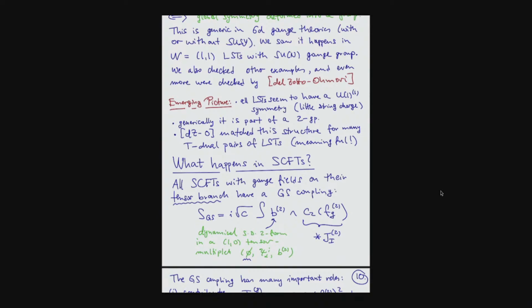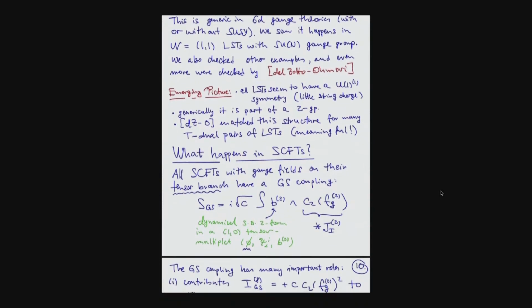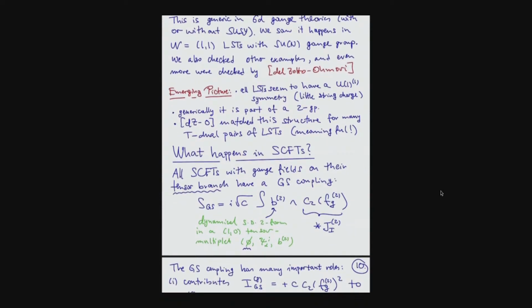I said in the beginning that little string theories enjoy dualities, for example T-dualities, and you can match the two-group symmetry across these dualities. That gives you a new check of the dualities, but it also gives you confirmation that this two-group symmetry that we found by analyzing the low energy effective quantum field theory is actually a legitimate property of the full theory.